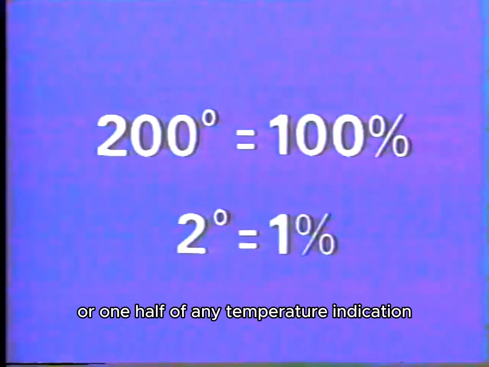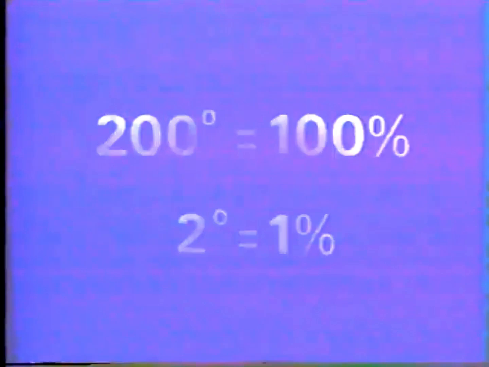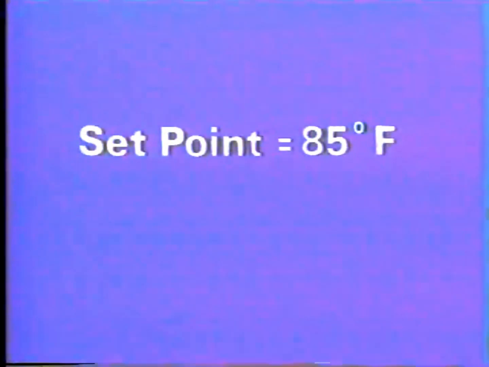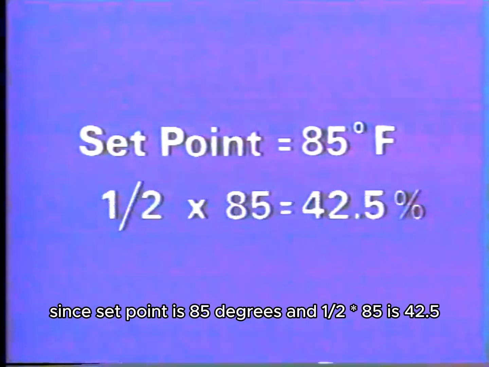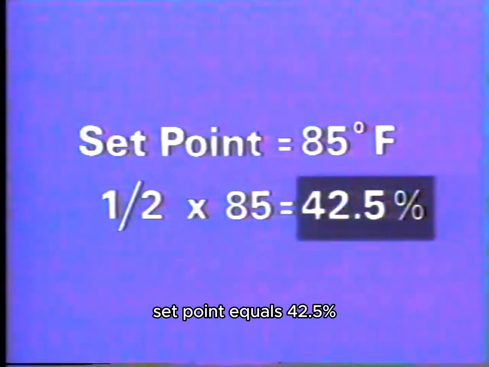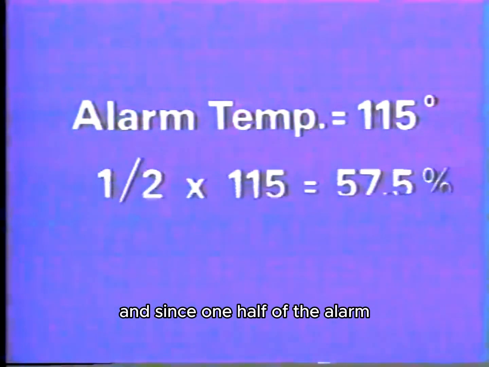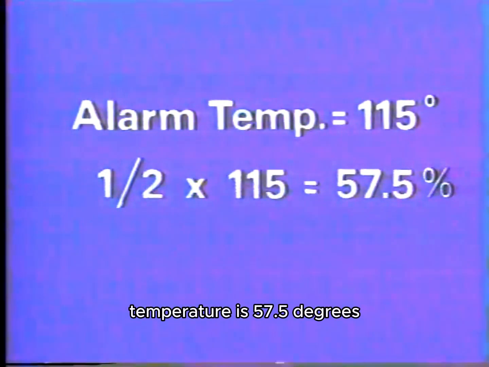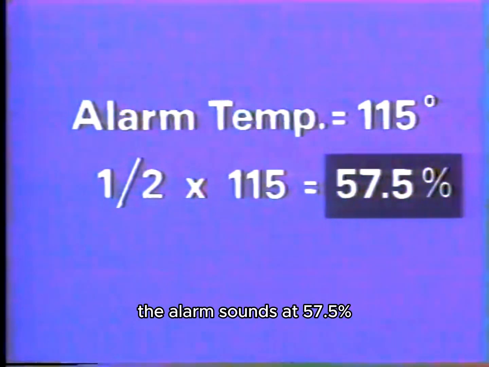Or 1/2 of any temperature indication is its equivalent percentage. Since set point is 85 degrees, and 1/2 times 85 is 42.5, set point equals 42.5%. And since 1/2 of the alarm temperature is 57.5 degrees, the alarm sounds at 57.5%.